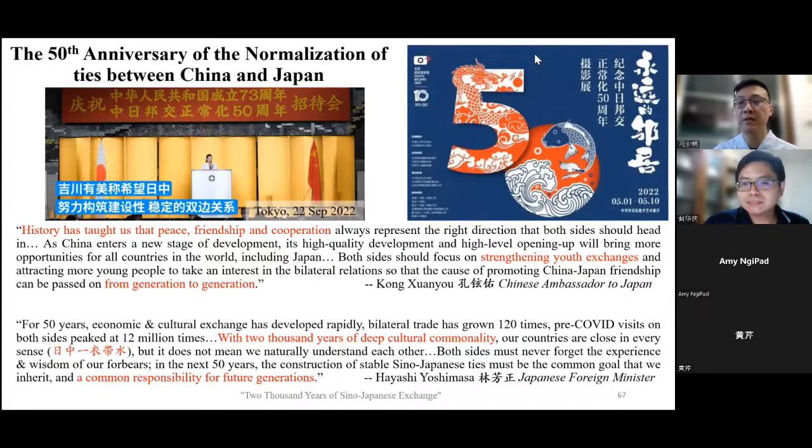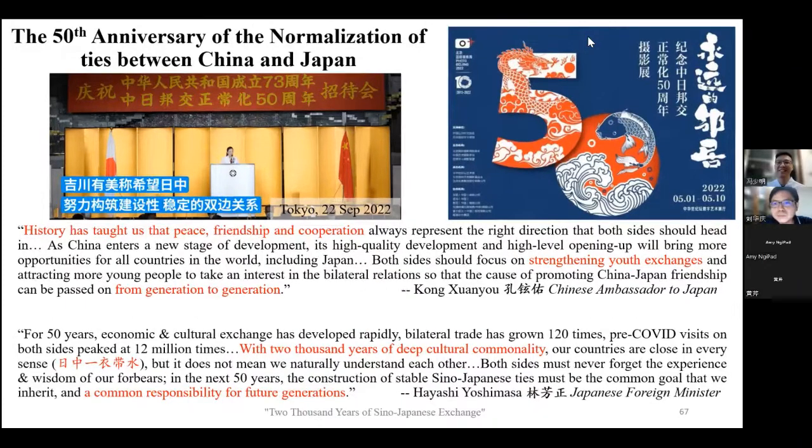Both countries are now the top trading partners for each other. And Japan will still be very cautious in accepting influence.